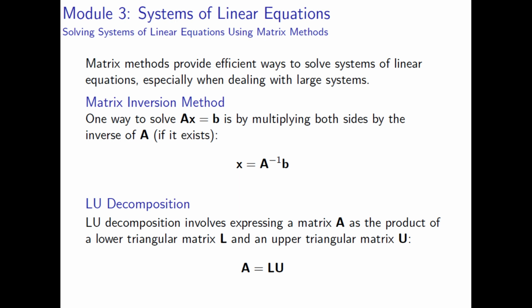An upper triangular matrix is a square matrix in which all entries below the main diagonal are zero. A lower triangular matrix is a square matrix in which all entries above the main diagonal are zero.